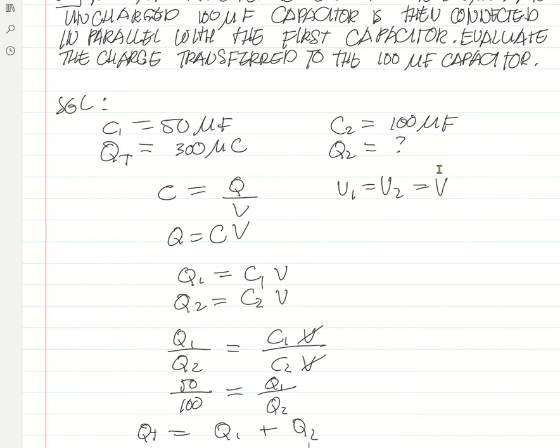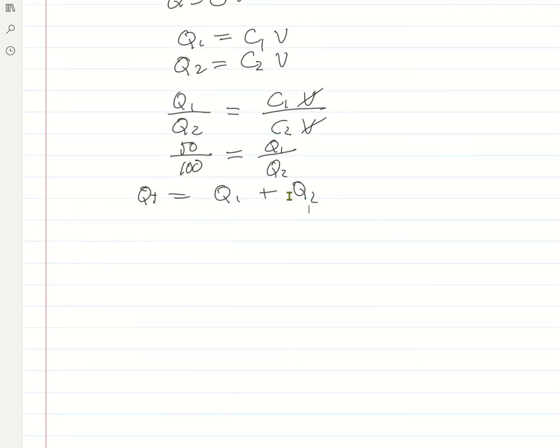Because the other charges will be transferred to Q2. And Q1 plus Q2 is equal to 300 microcoulomb. Then we can have two equations here, this is one equation and this is another equation, and we have two unknowns, Q1 and Q2. So from the first equation, we can determine the value for Q1.